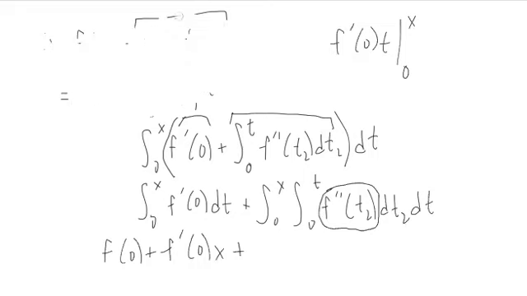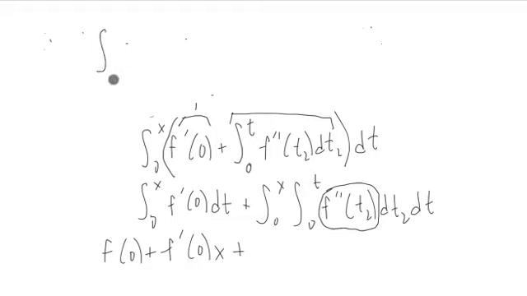Okay, let's erase this part up here. Just remembering what we have is an expression for f of x. So we're going to have, let's just look at this part right here.